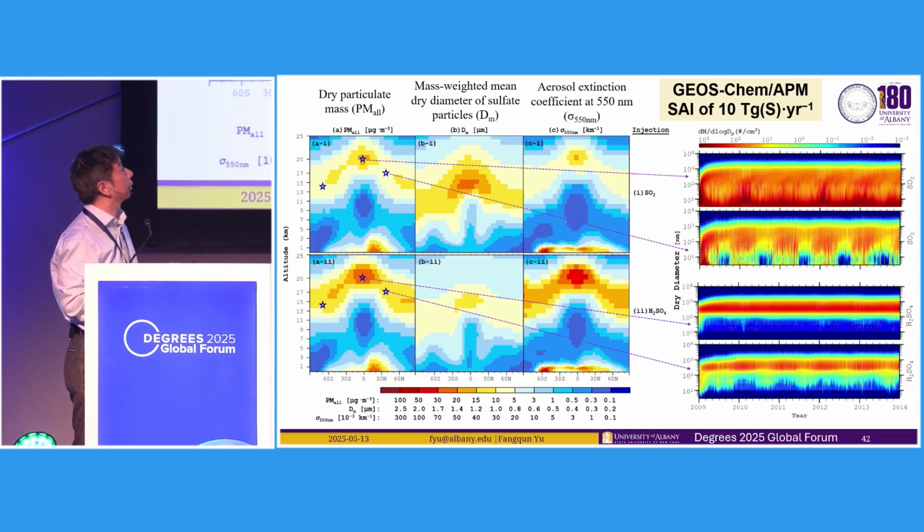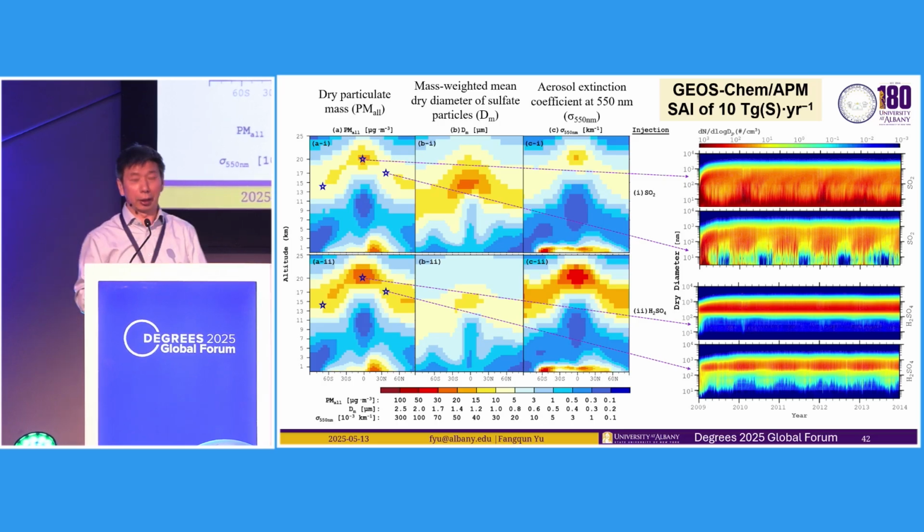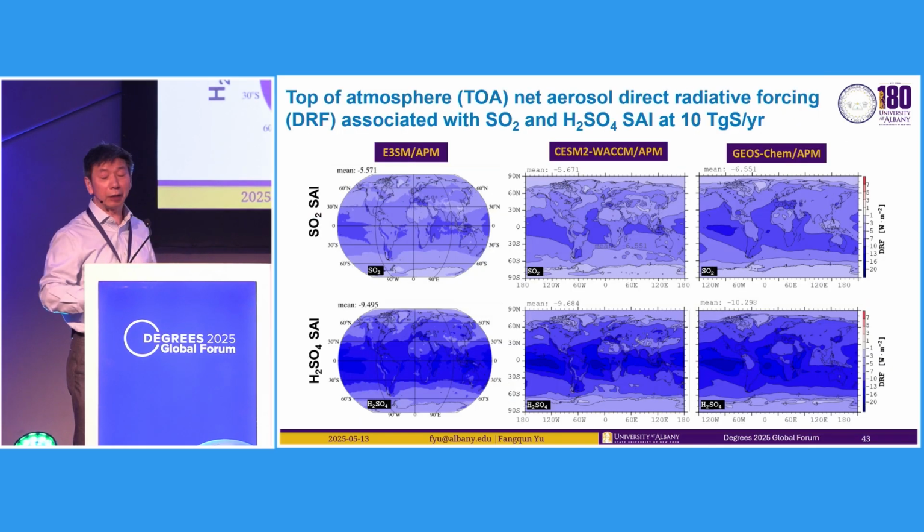With SO2 injection, you get a larger size. The extinction coefficients are also different because of the differences in mass and size. Sulfuric acid gets a higher extinction coefficient, and that will be reflected in the radiative forcing.